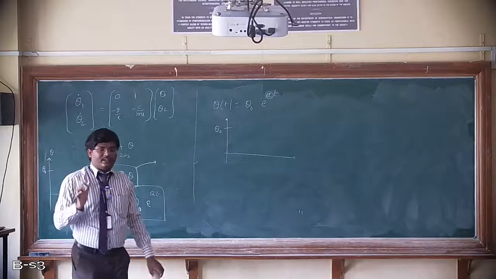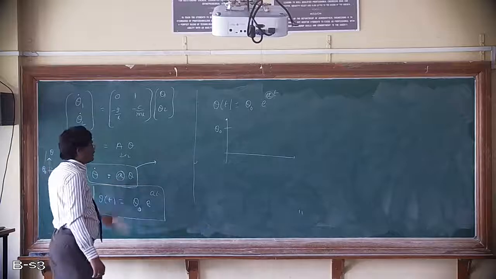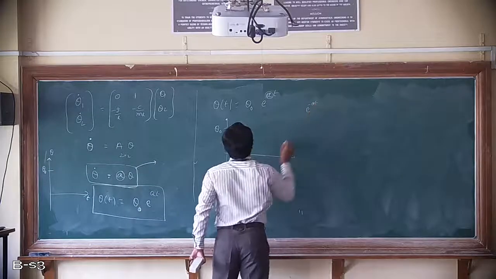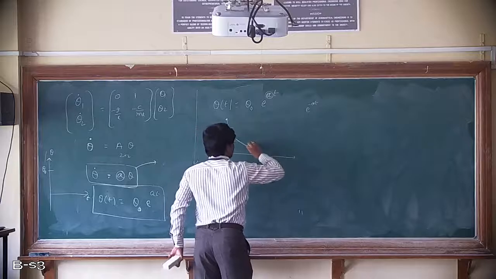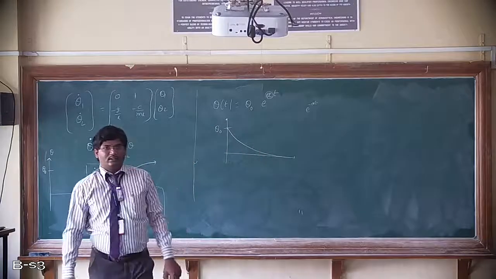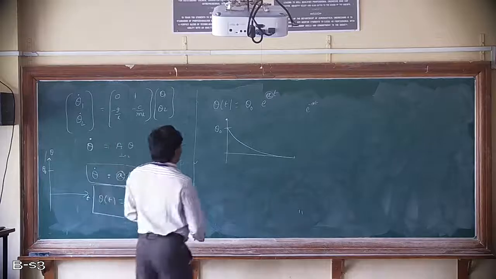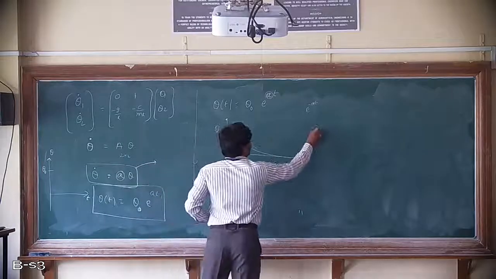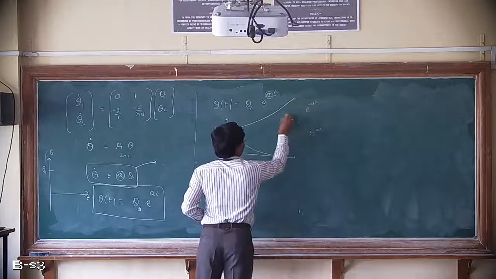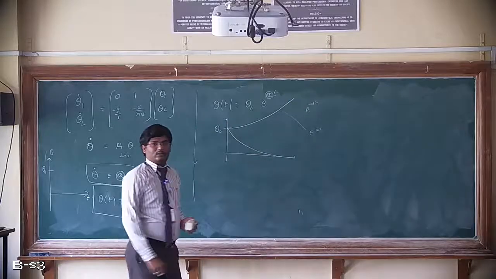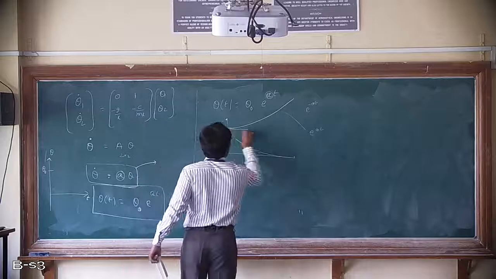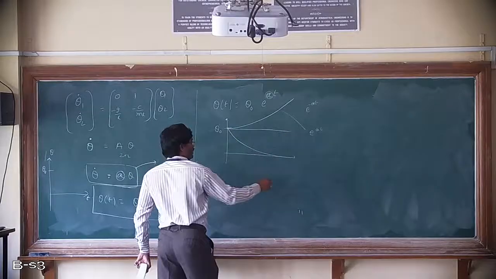Are you getting? If this constant A is less than 0, you will get e power minus at, so it will converge, right? That is nothing but subsidence. If it is e power at with A positive, it will increase exponentially. If A is 0, it will be neutral with respect to time.